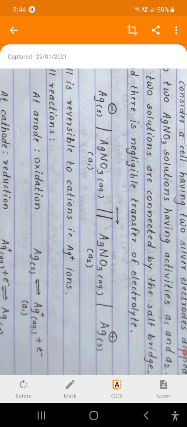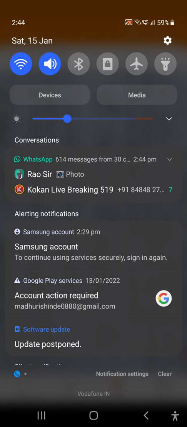That means the two AgNO3 solutions are not in direct contact with each other. The electrodes on both sides are silver rods. Therefore, this is an example of an electrolyte concentration cell: the electrolyte is the same but the concentration is different.